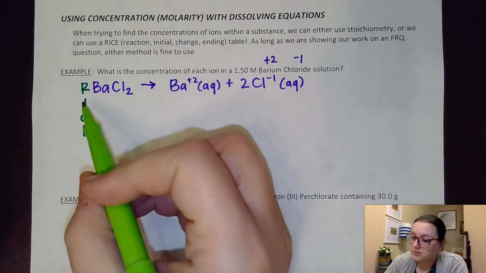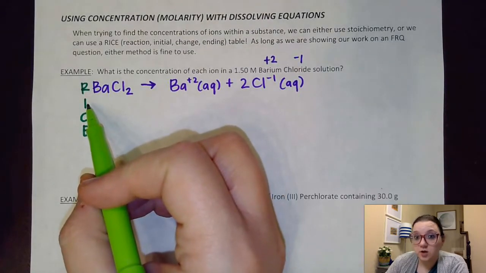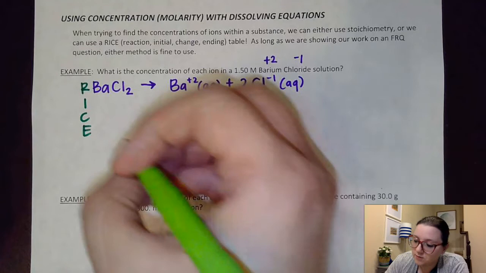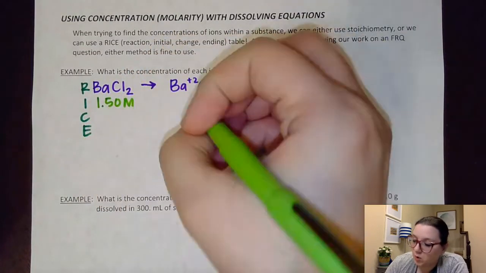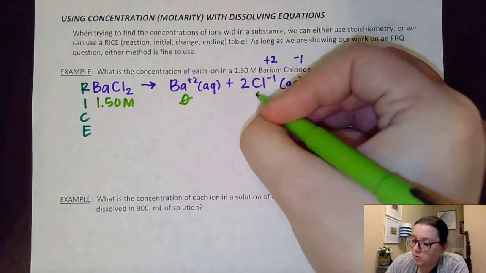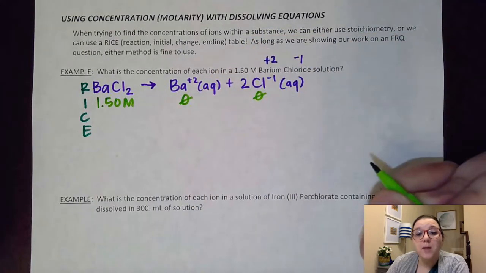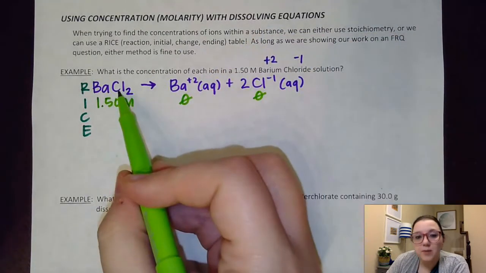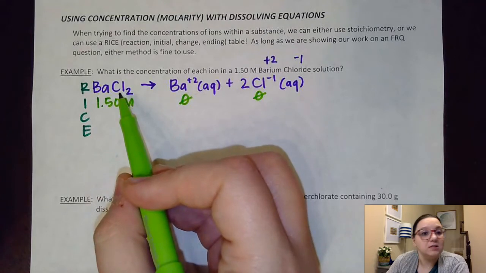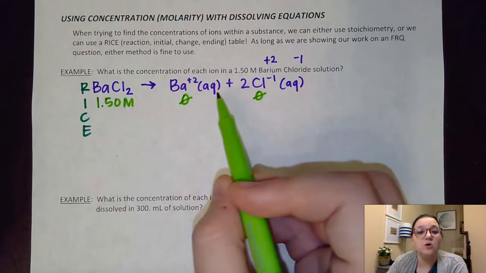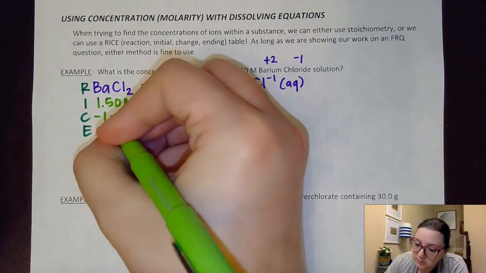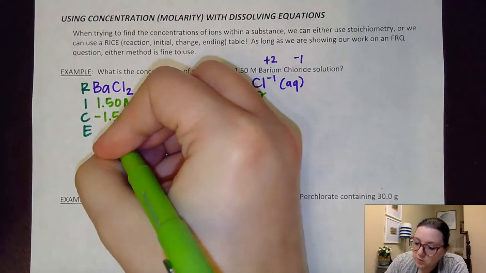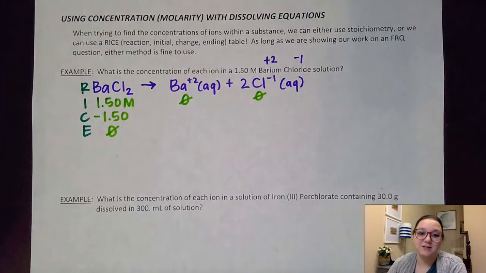So how this works is that I would first start off with my initial concentrations. Before I dissolve, I would have 1.50 molarity of the barium chloride and none of the barium or chloride ions. So then my change is that this barium chloride concentration is going to totally go away. This is going to totally split up into ions here. And so as that disappears, I would end up with no molarity of it at the end.